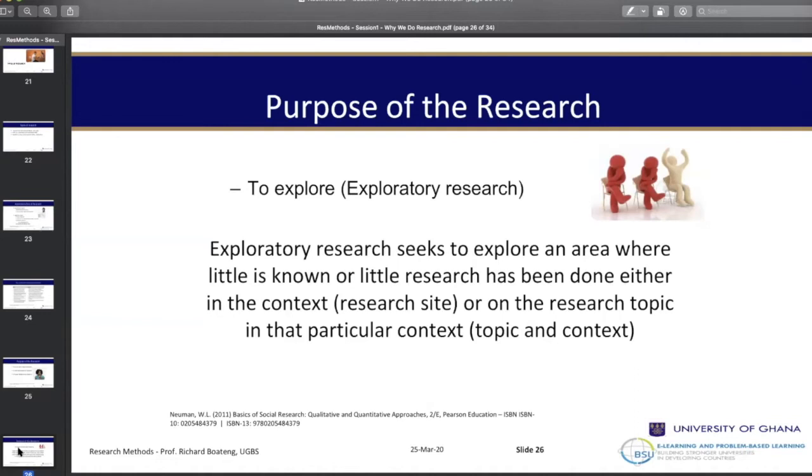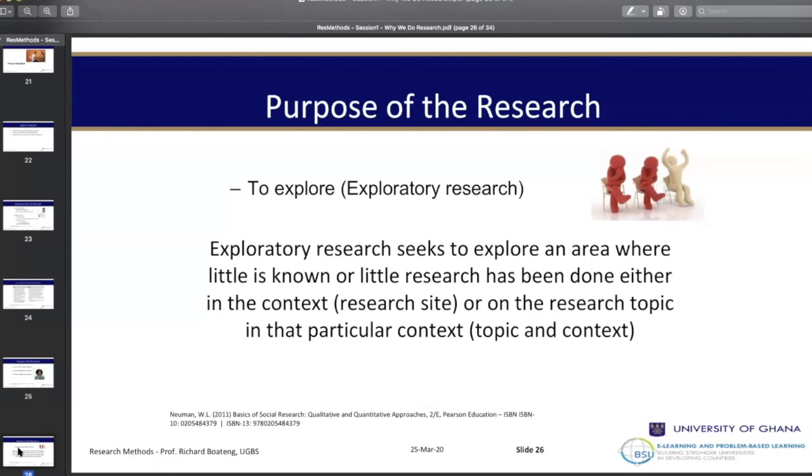And those new areas you have selected, because we don't have much existing knowledge on that area, it could be an exploratory research you can carry out because you are giving us the preliminary insights into that area. Another example, you Google right now employment or unemployment, and even in Ghana, you find so much research in that area, even reports from industry.